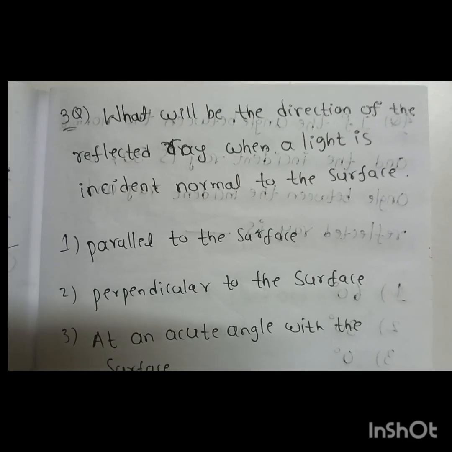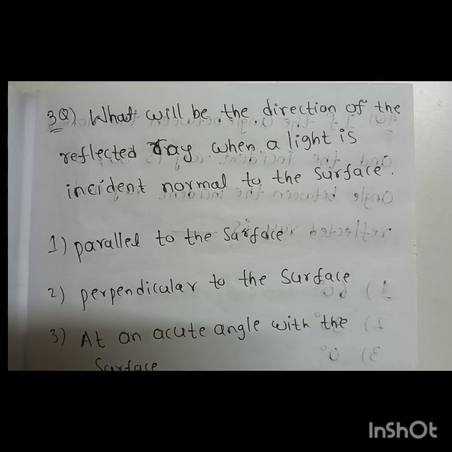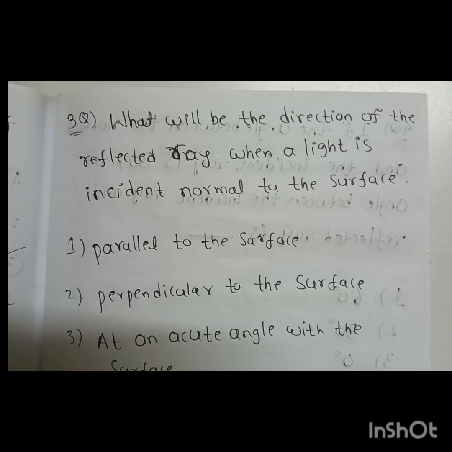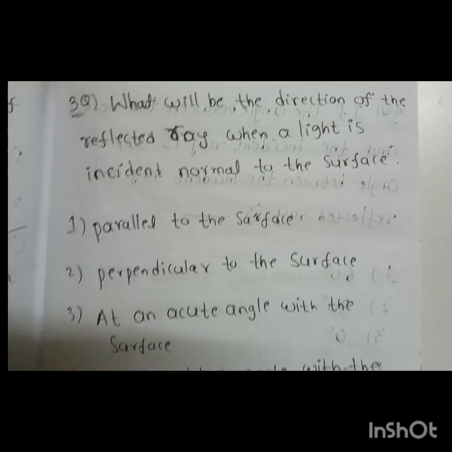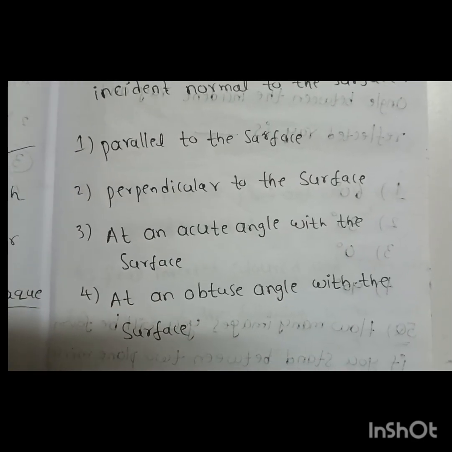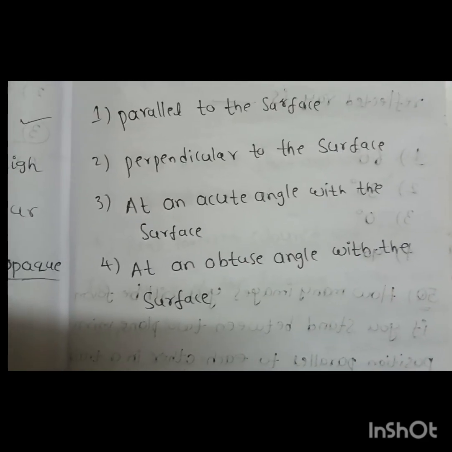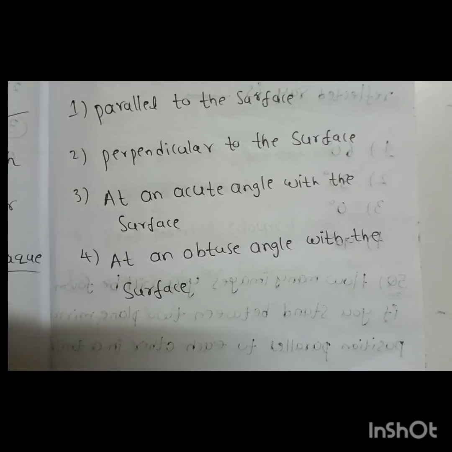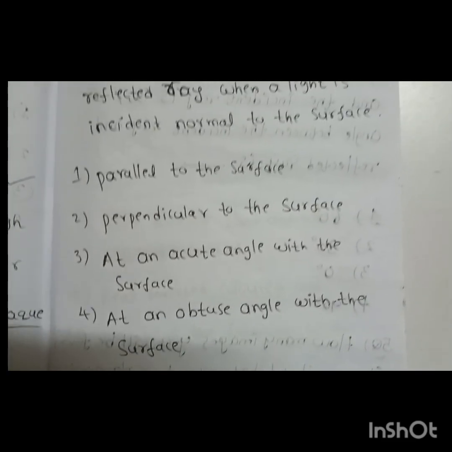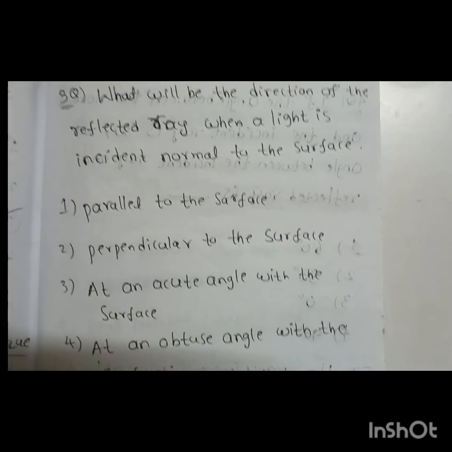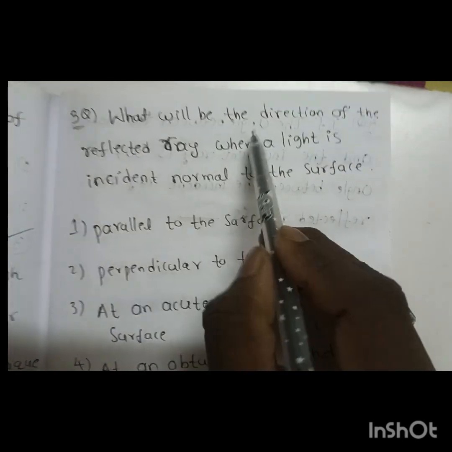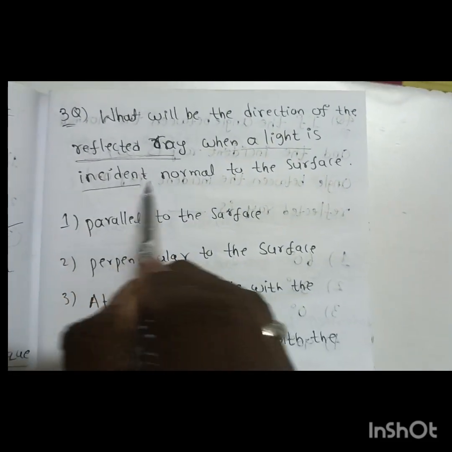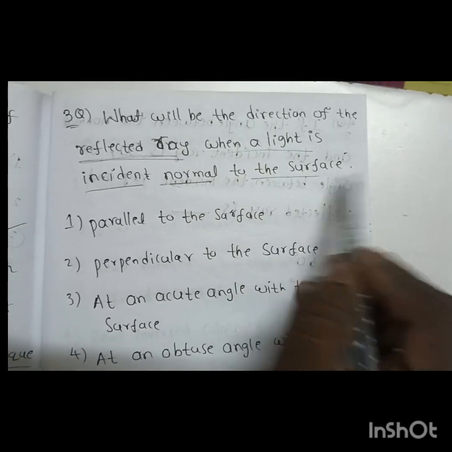Next, third question: what will be the direction of the reflected ray when a light is incident normal to the surface? The options: parallel to the surface, perpendicular to the surface, at an acute angle with the surface, and at an obtuse angle with the surface. You can easily understand this from the question itself.